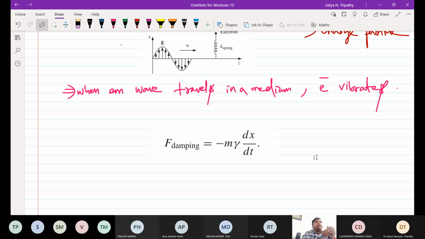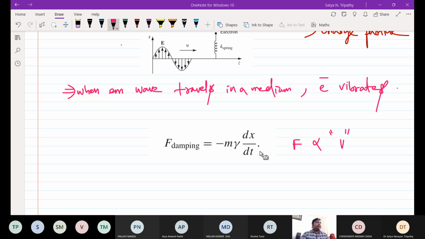So the other things will also interact with this, and they will try to reduce the velocity the way the external field is applied. So this damping is due to the nearby interaction. They try to reduce the velocity. That's why this damping force is always proportional to velocity. Remember this. It is important.